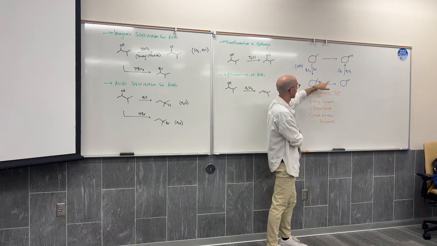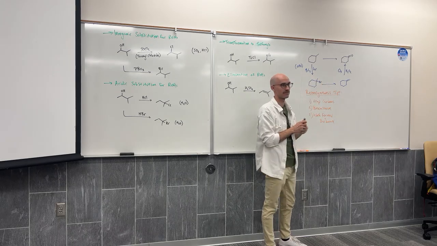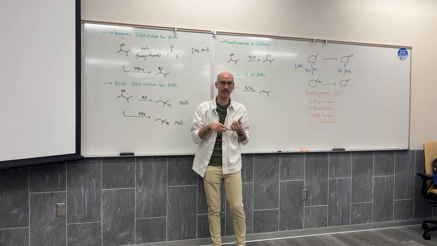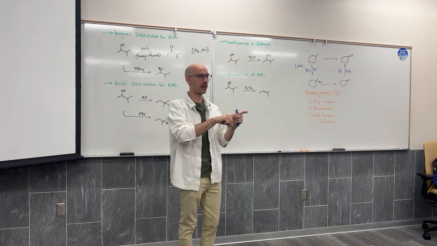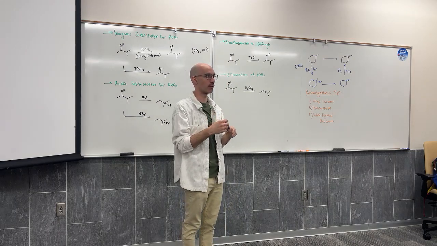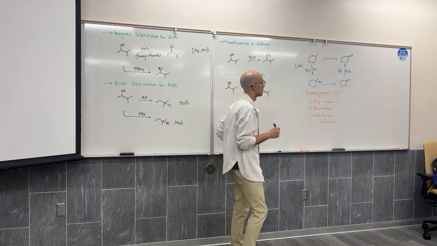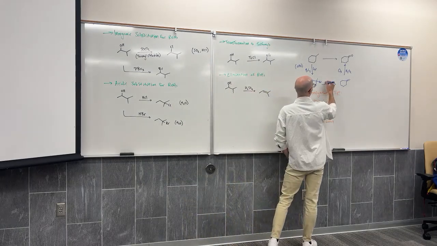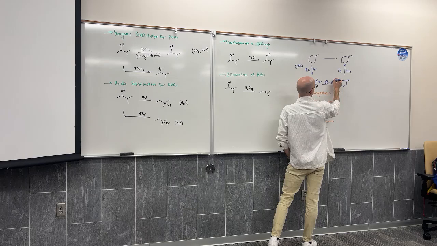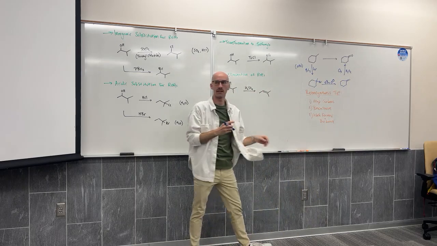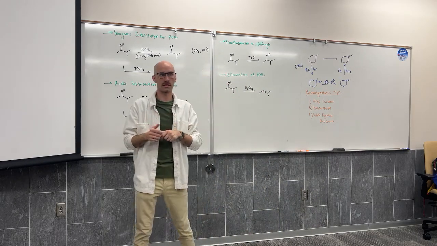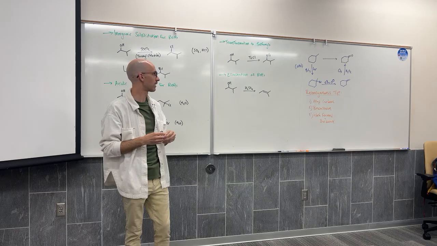I need to get this anti-Zaitsev alkene. So recognizing the regiochemistry of the product informs you about what reagent is necessary. You have to use tert-butoxide. Good. Use tert-butoxide. It gives me the anti-Zaitsev alkene. I'm good to go.